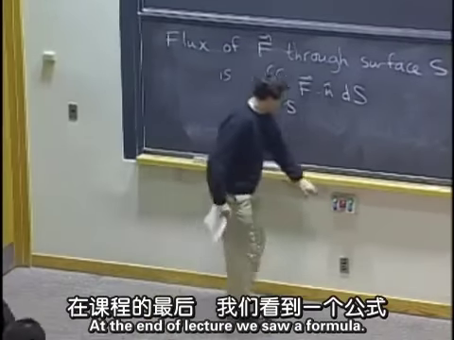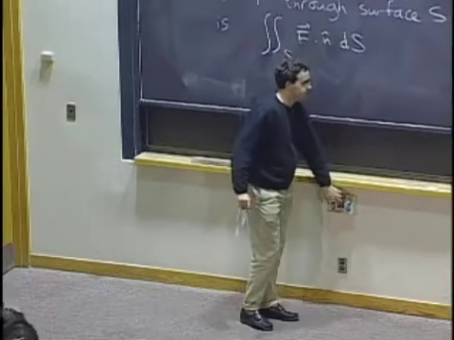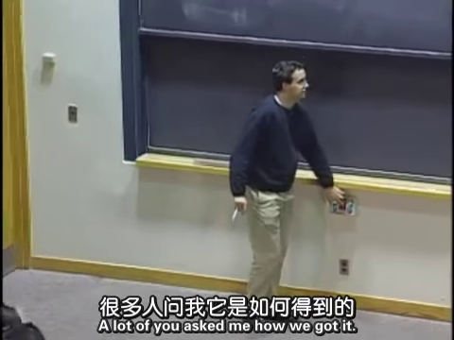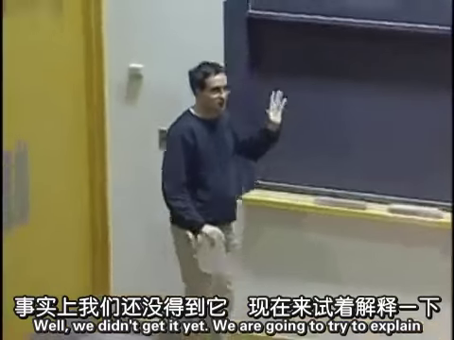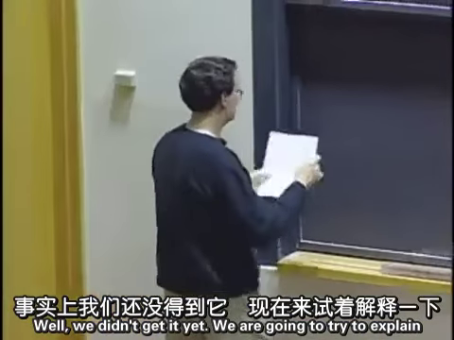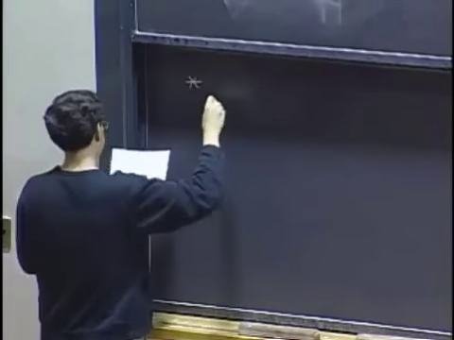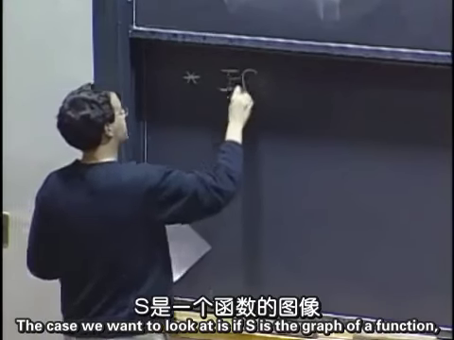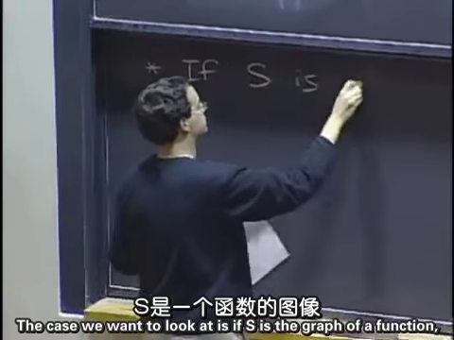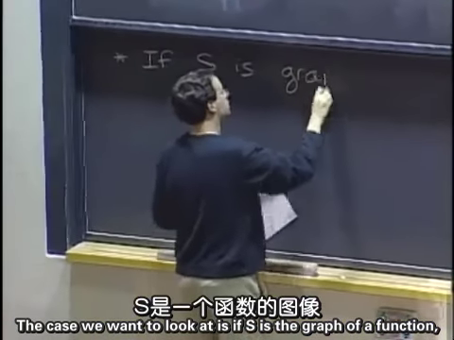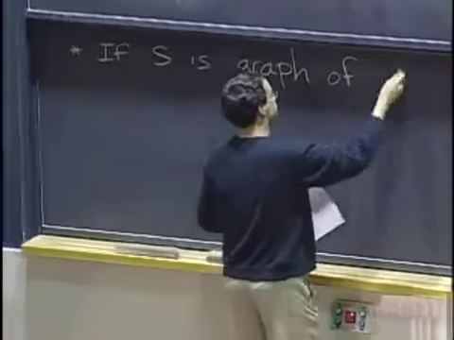So at the end of lecture, we saw a formula, and a lot of you asked me, how did we get it? Well, we didn't get it yet, so we're going to try to explain where it comes from and why it works. Okay, so the case we want to look at is if S is the graph of a function.